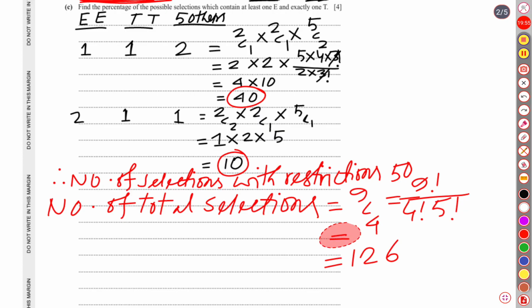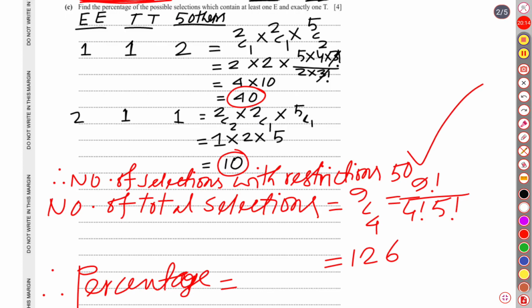Now we are going to find the percentage. Hence, percentage is equal to, with restriction it was 50, so 50 over 126 into 100%.